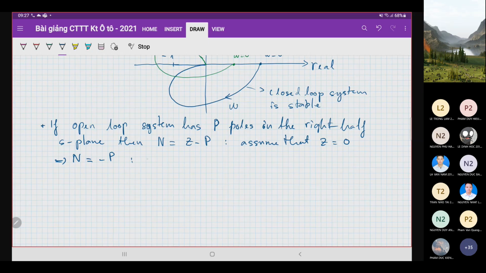That means the Nyquist diagram encircles the point minus 1 plus j0 N times counterclockwise.